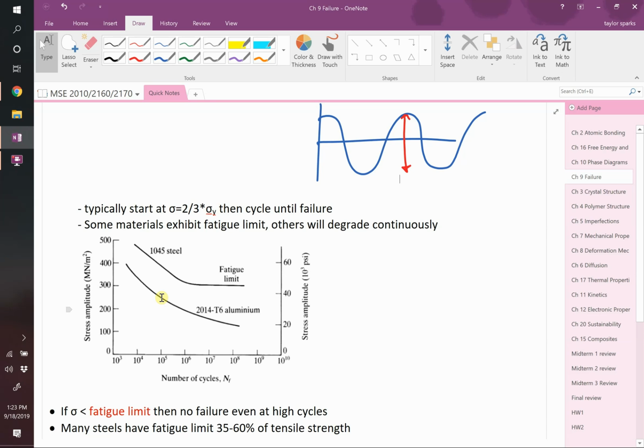Yeah, question? Why don't some materials have this? It's a good question. What do you think? Why would some materials get weaker and weaker over time and others don't? We haven't talked about it yet. In a few chapters, when we get to deformation mechanisms, 5 chapters away, we'll talk about what happens when you deform a material. There are things called dislocations.